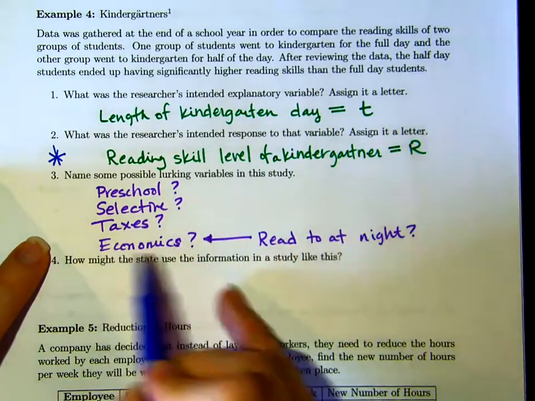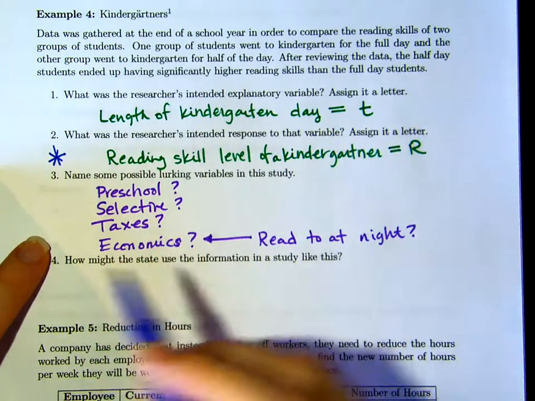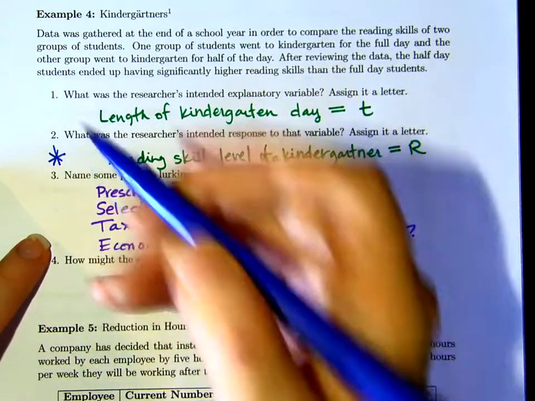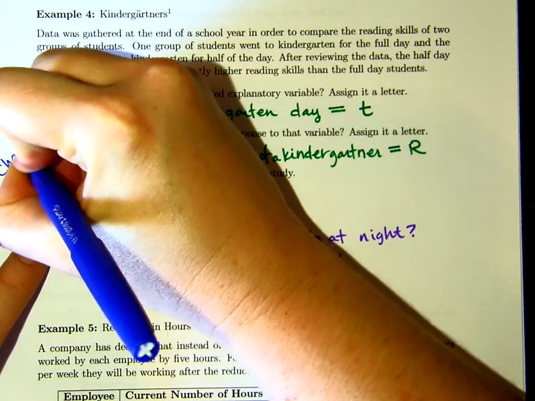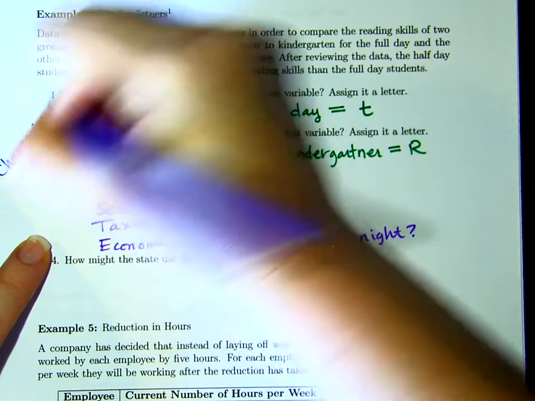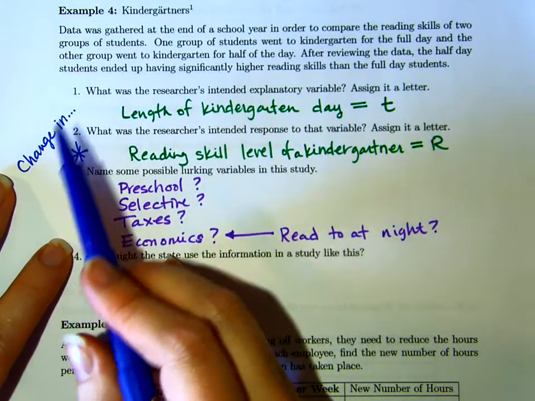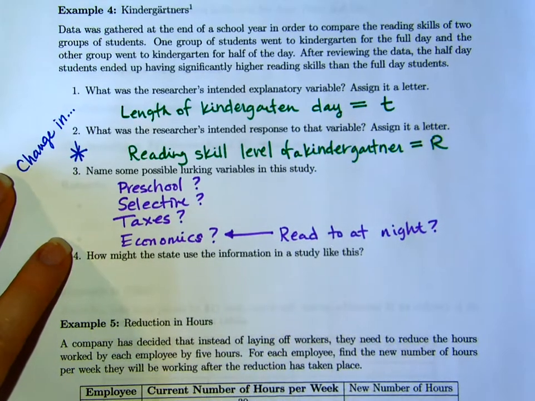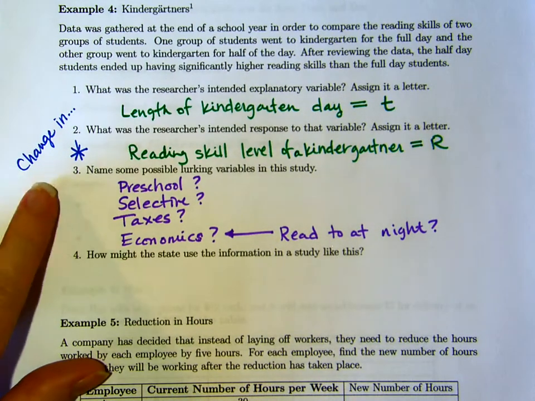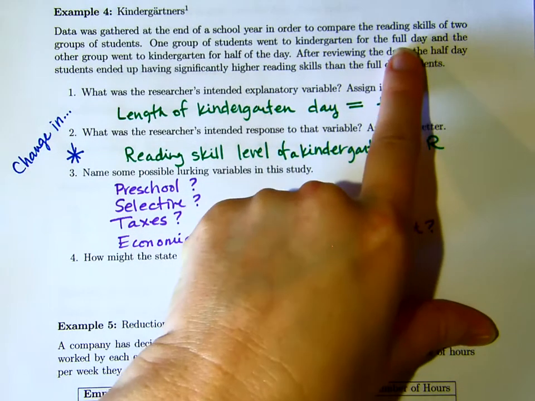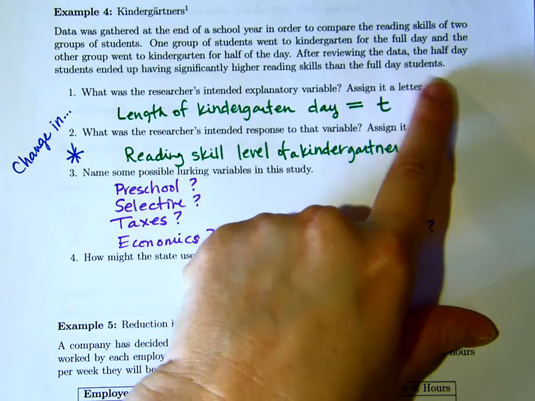And this was an issue within this study. But in my opinion, the real research should have been measured in change in reading skill level of a kindergartner. Then perhaps you would have actually seen the effectiveness of full day versus half day.